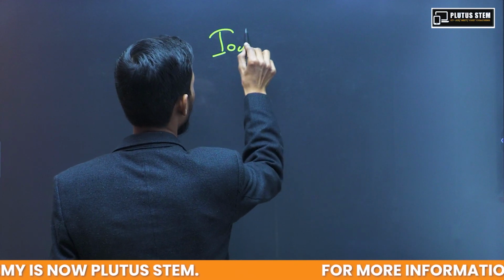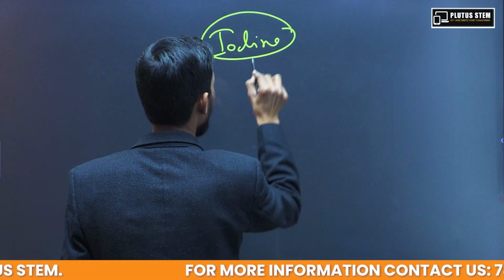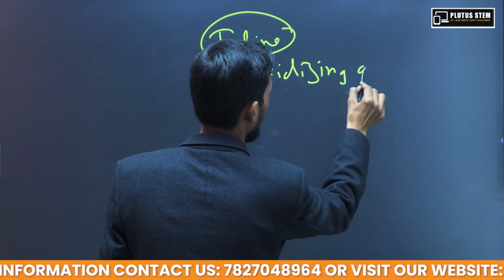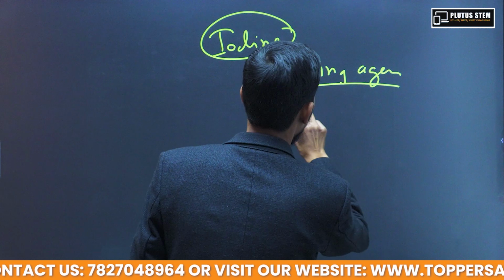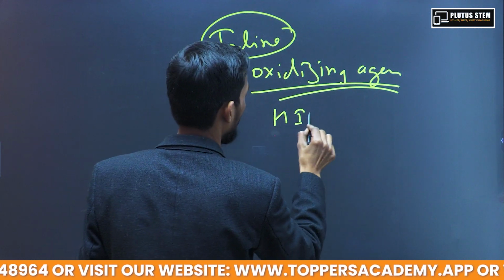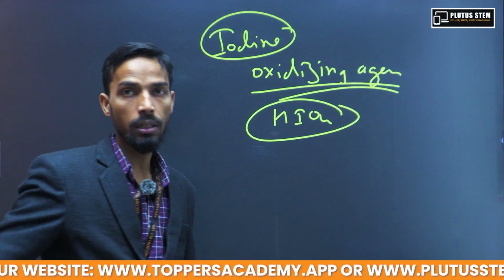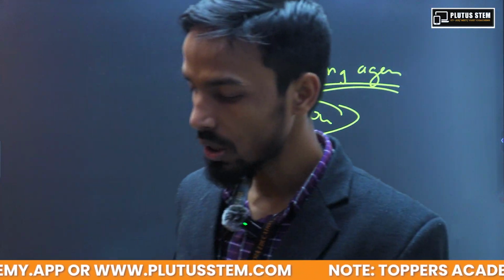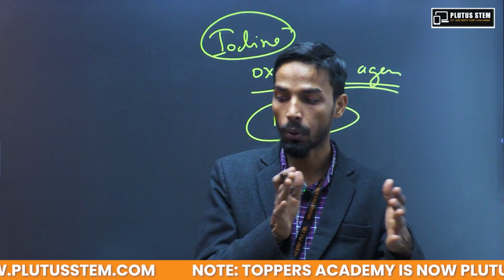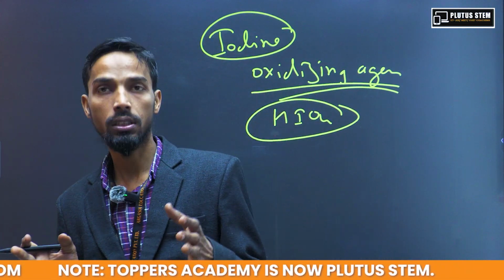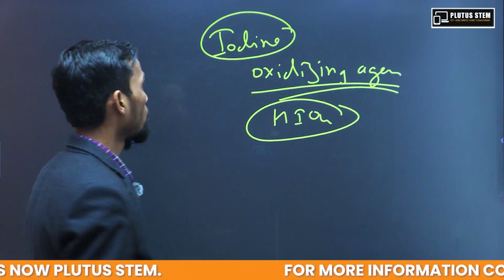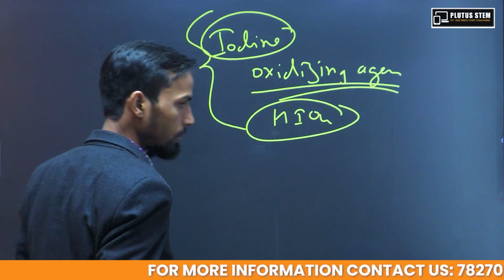For iodine, we need an oxidizing agent such as HIO4, because a reducing agent is produced during the formation of alkyl iodide. That's why we need some oxidizing agent to prepare the iodide.